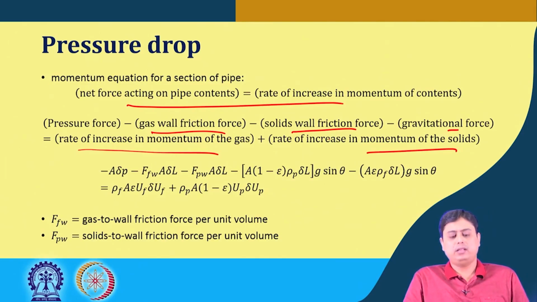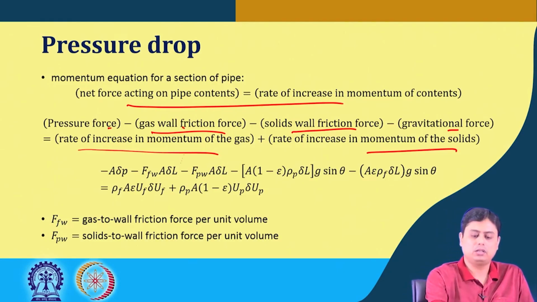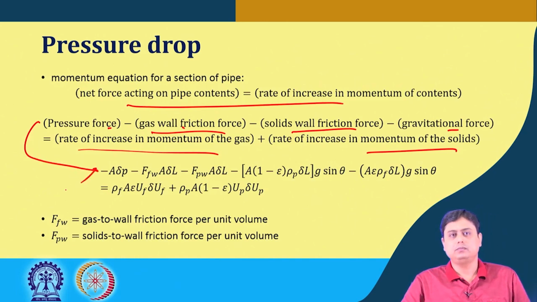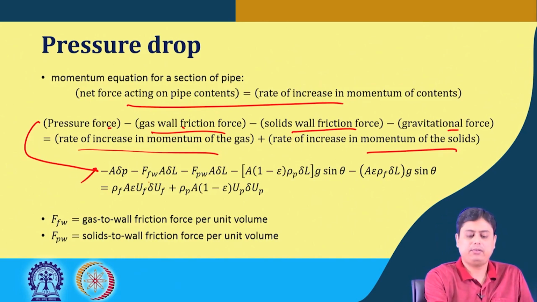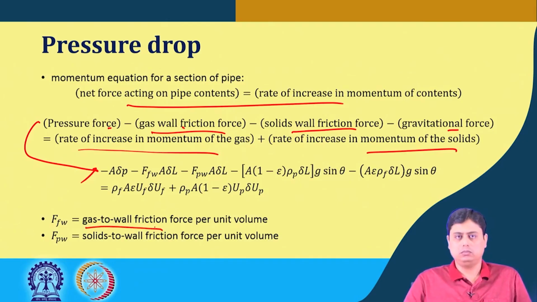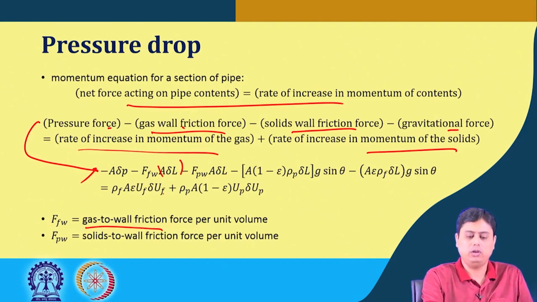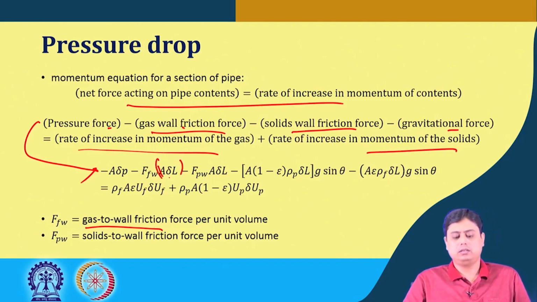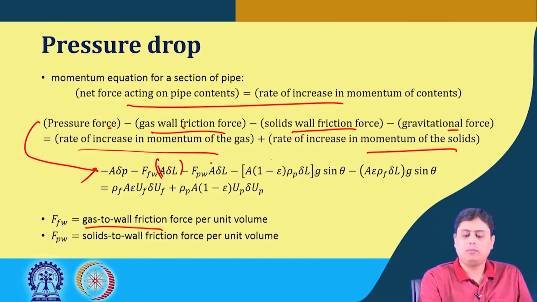So, now if we try to write each and every element, each and every component is shown here, the respective part, where this capital F and small fw is the gas to wall friction force per unit volume, that is multiplied by the volume, gives us the frictional force due to the gas and wall interaction. So similarly, all the components can be explained.